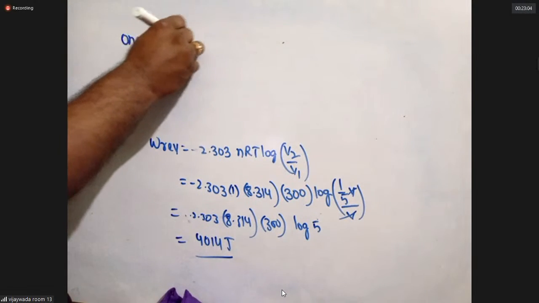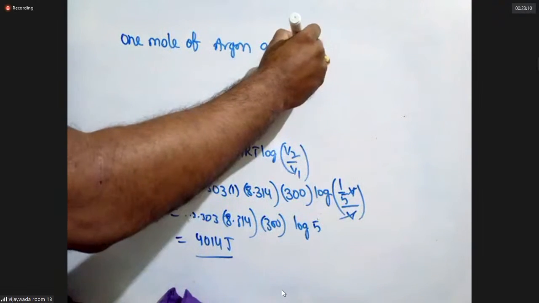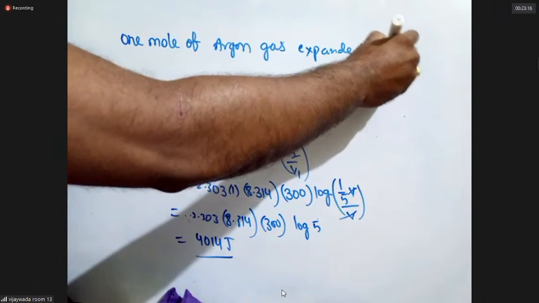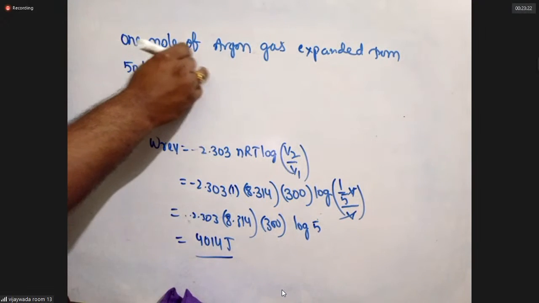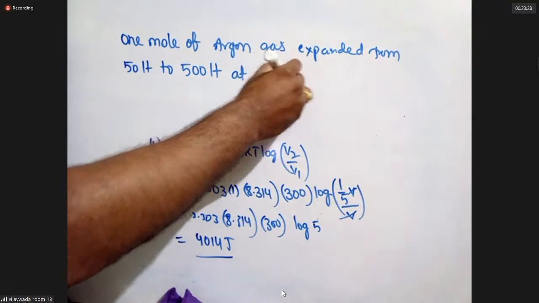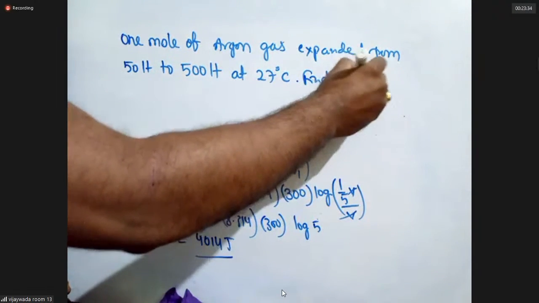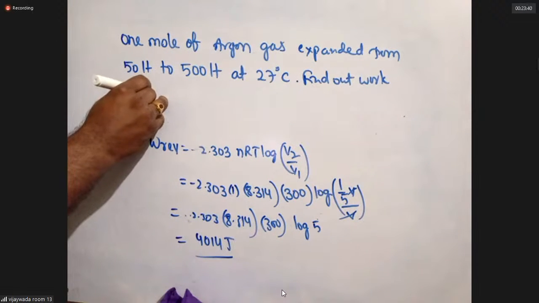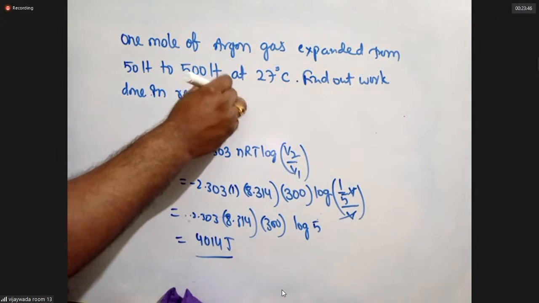One mole of argon gas expanded from 50 liters to 500 liters at 27 degrees Celsius. Find out the work done in the reversible process.